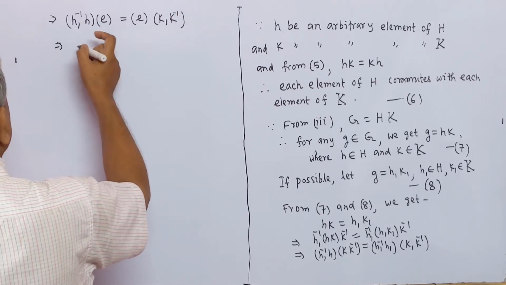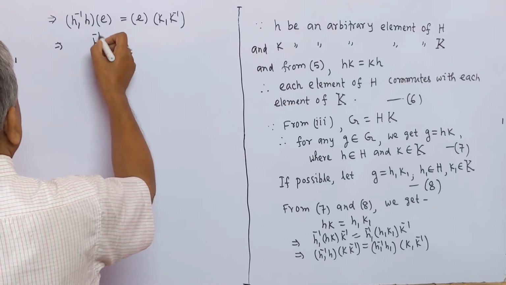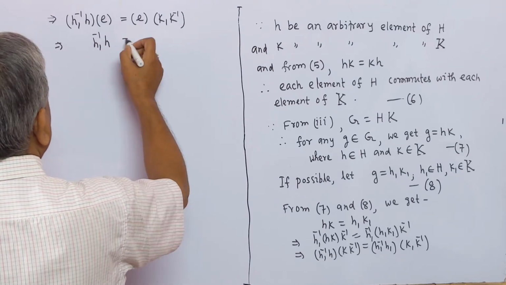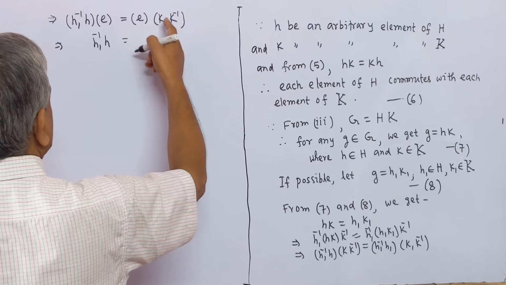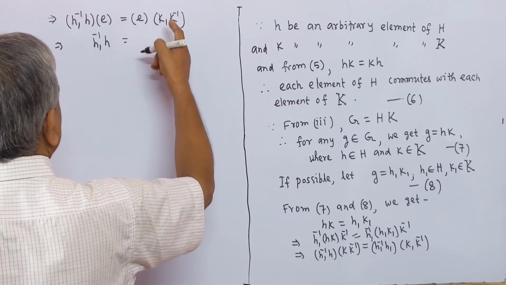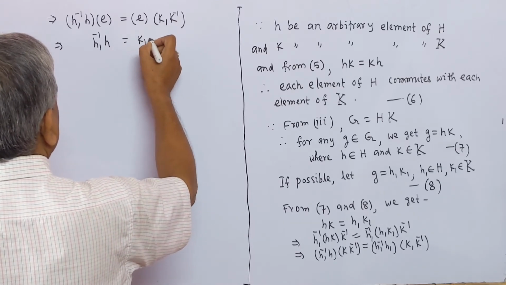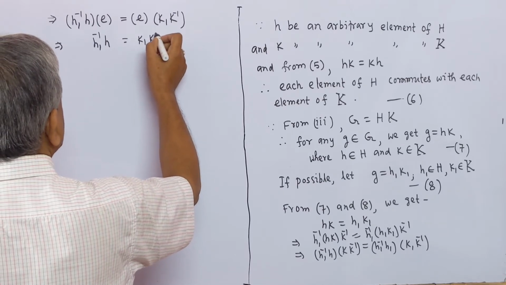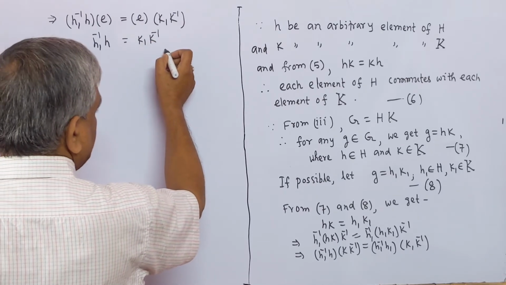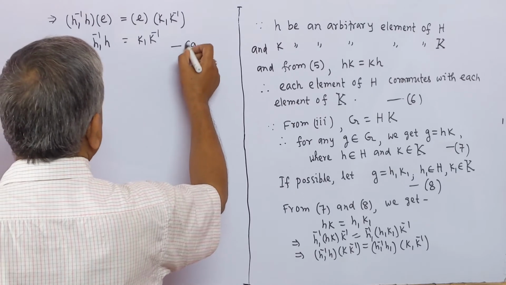So this is equal to h1 inverse h, and e operation k1 k inverse equals k1 k inverse. Let this be number 9.